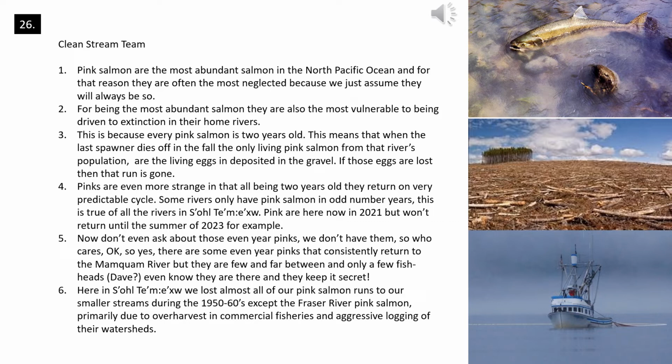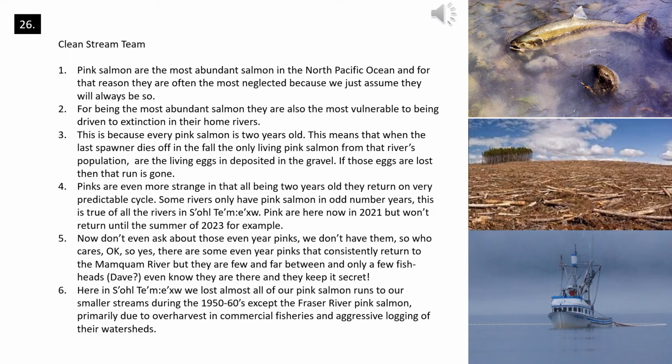Now, even more odd things about pinks: you may have heard of an odd number pink year. Well, it means that salmon in 2021 spawned in 2019, they're progeny of those fish. And then they'll return in 2023. You notice they're every odd year.